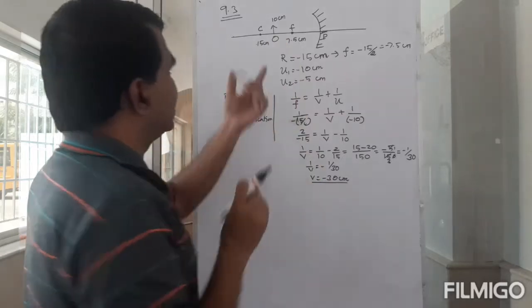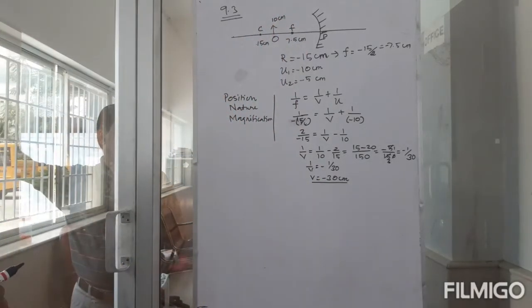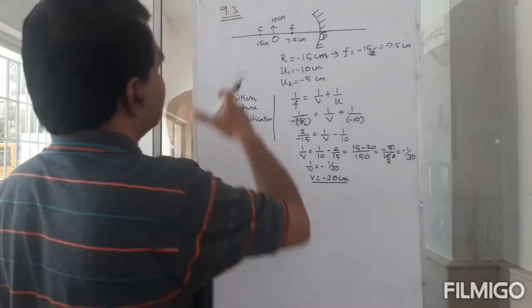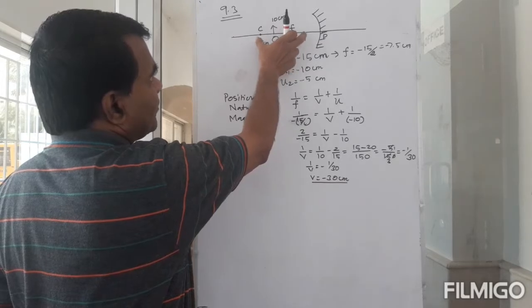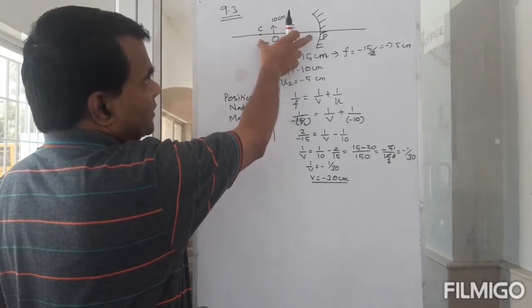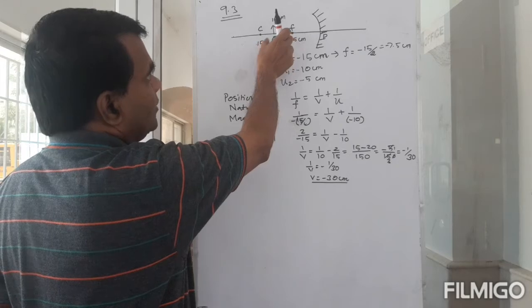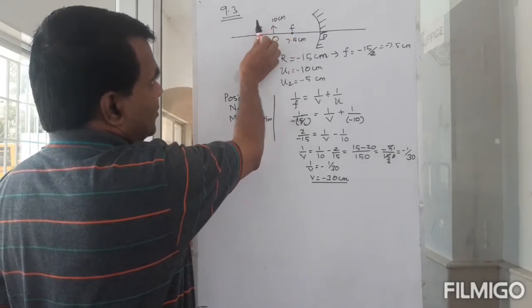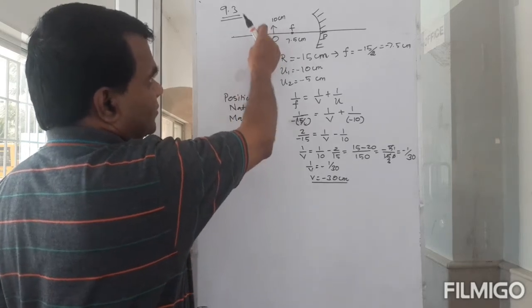So if you keep the object between f and c, then the image will be formed beyond, between c and f on the other side. If the object is here, the image will be formed here. But when you keep the object at c, the image will be formed at c.